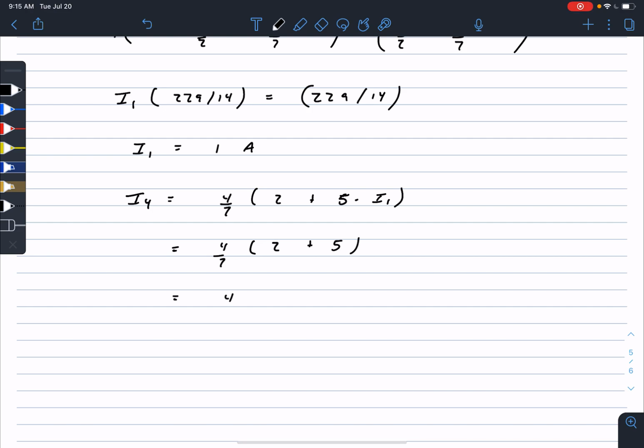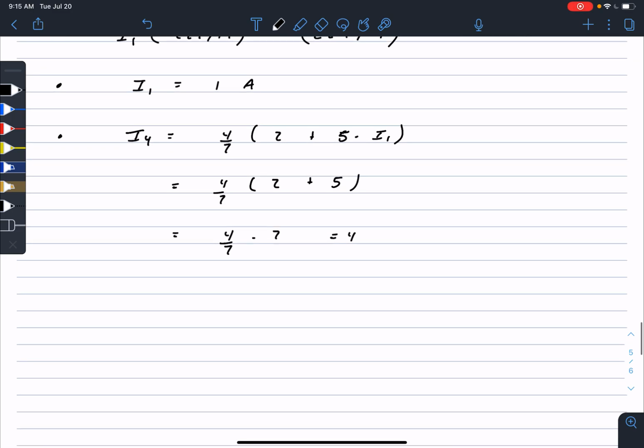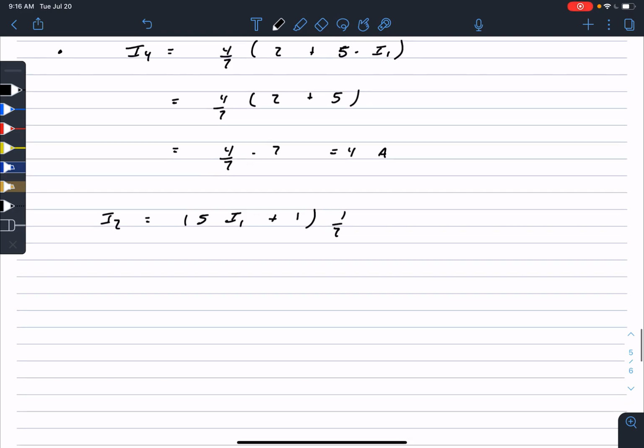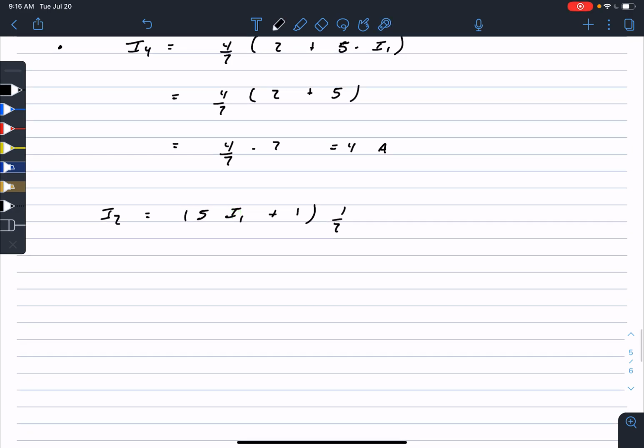That's equal to 4 over 7 times 7, which is equal to 4. So I4 is equal to 4 amps. Then I2 was equal to 5 times I1 plus 1, all times 1/2. I1 is 1, so that's equal to 6 over 2, which is equal to 3 amps.